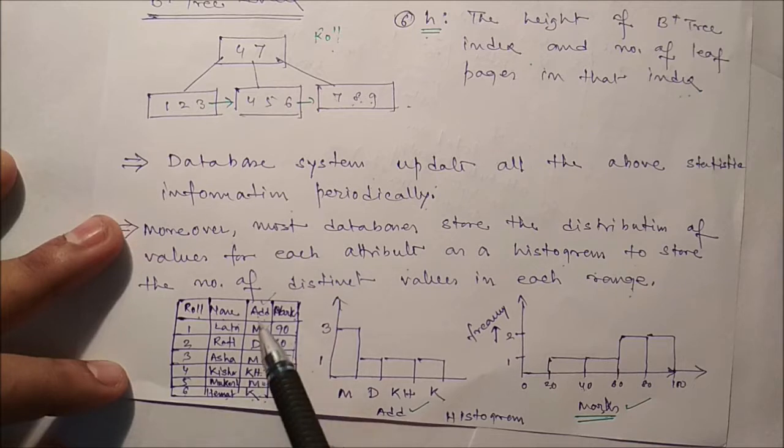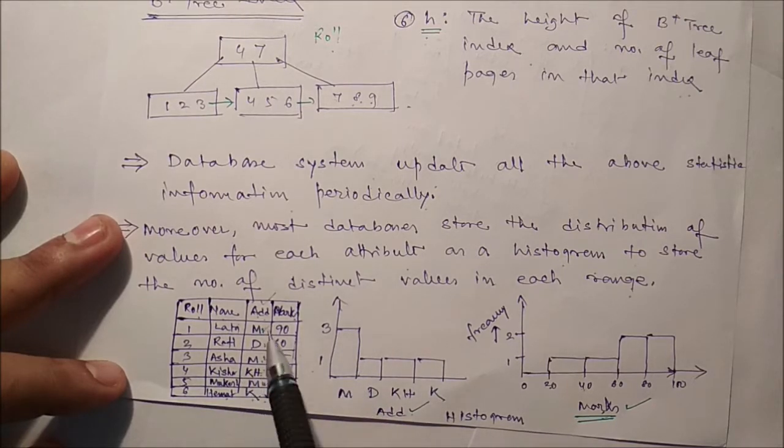Say these are fictitious addresses, and assume some marks are there: 90, 60, 75, 40, 98 and 72.